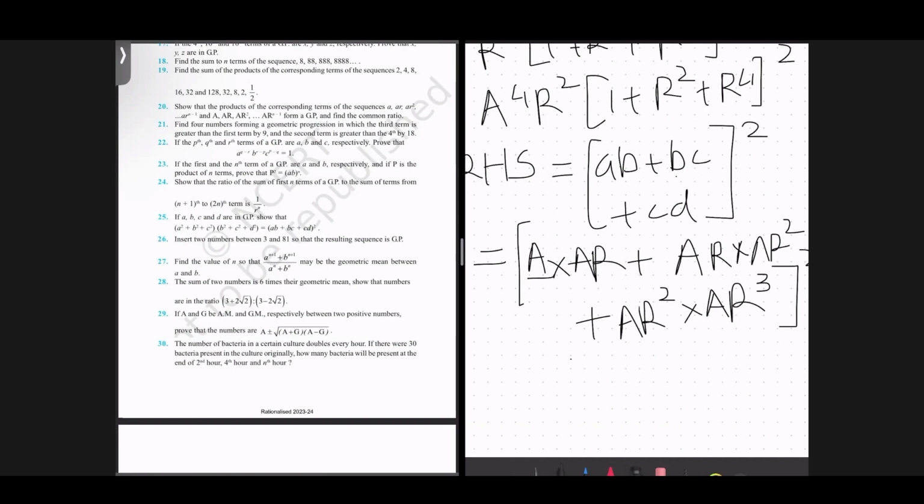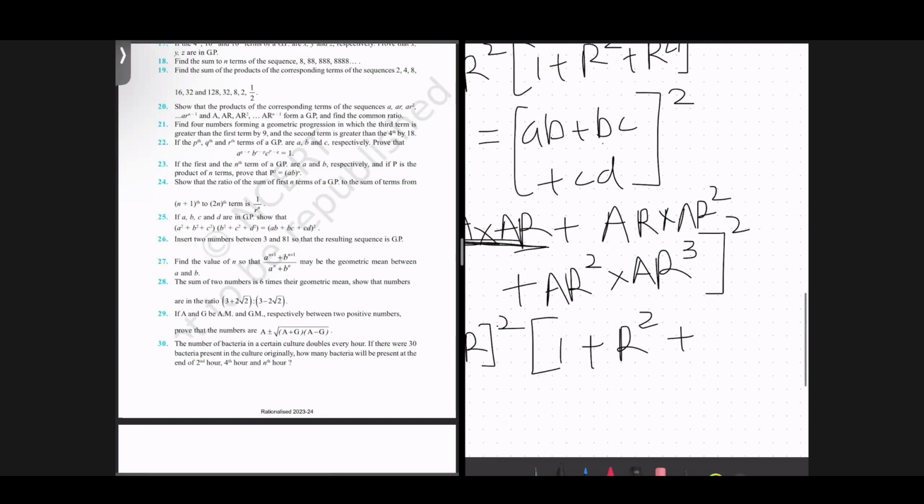Let us take out A square R common from all these terms, right? When you take out A square R common from the first term, you get A square R, and this is going to be squared, mind you, because we are taking out the square common. So you get just 1 here. When you take out A square R common from the second term, you get R raised to the power 2 remaining.